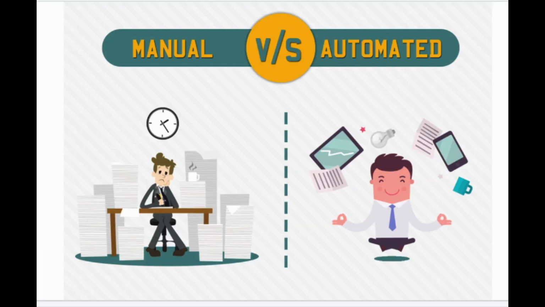Next, why do we go from manual to automated? Manual takes so much time. For example, say we're a wholesaler and we have a list of 1,000 potential people that can become our leads. Now, if we're going to contact each of those homeowners through text message manually, that is going to take us a lot of time.